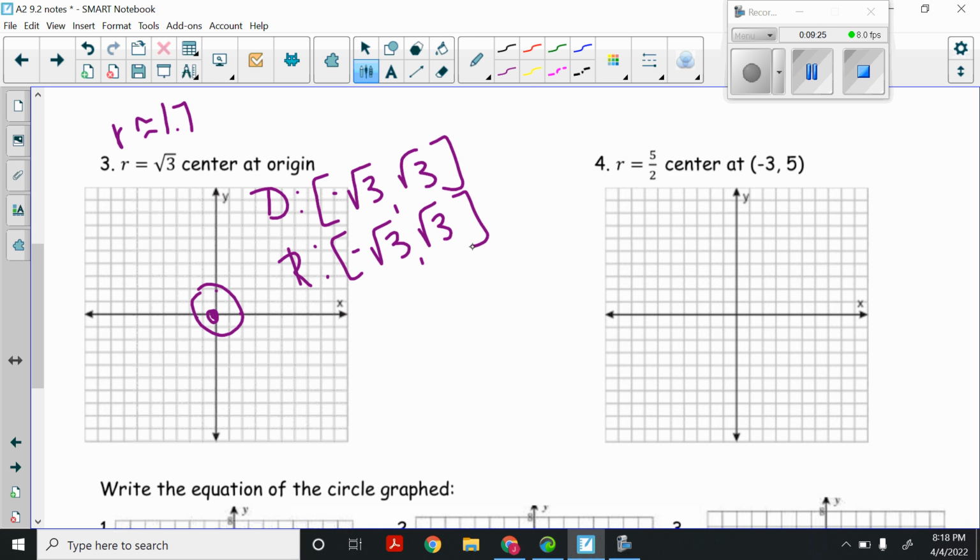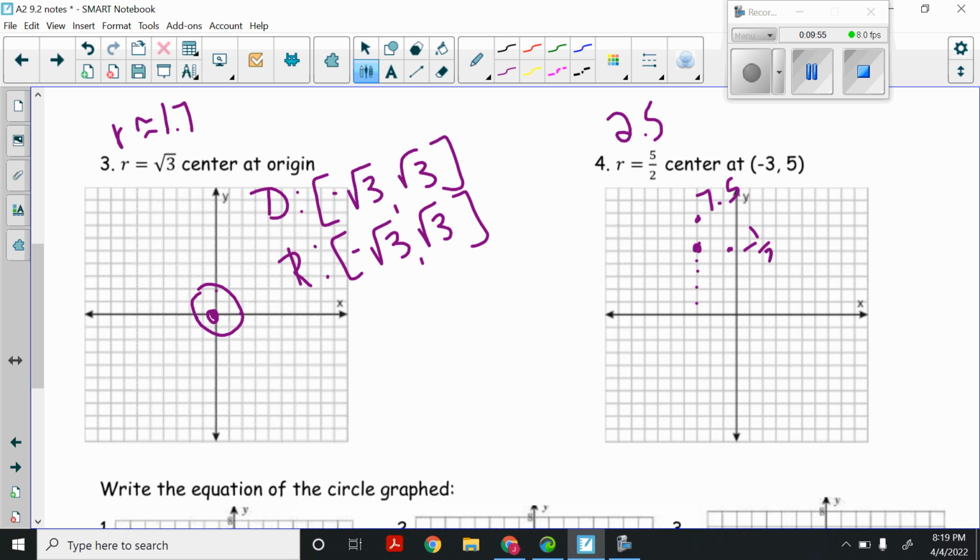Number 4, the center is at (-3, 5). The radius is 5 halves. So that's 2.5. So I'm going to go 2.5 in each direction. So up 2.5. So this is the point 7.5. I'm going to go right 2.5.